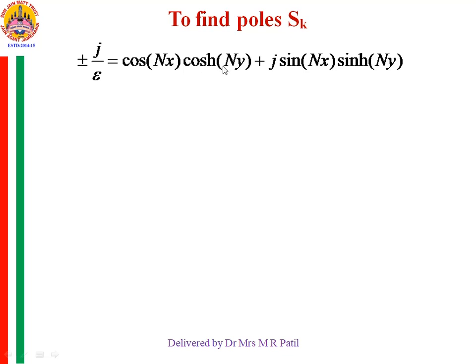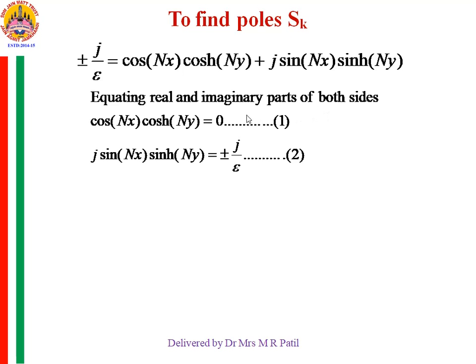For cos of j ny is cos hyperbolic ny, and for sin of j ny is j into sin hyperbolic ny. So this plus minus j by epsilon, cos nx cos hyperbolic ny plus j into sin nx sin hyperbolic ny, you get.